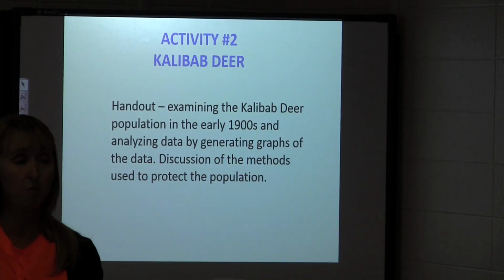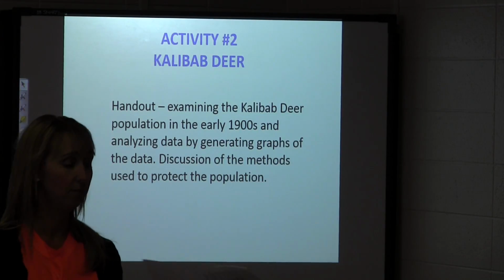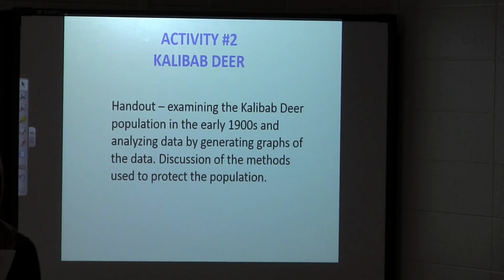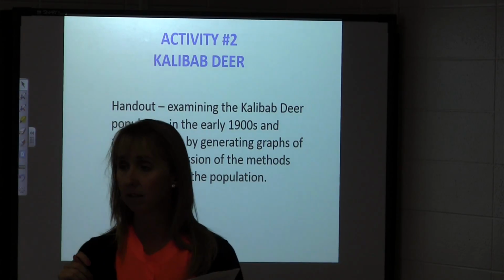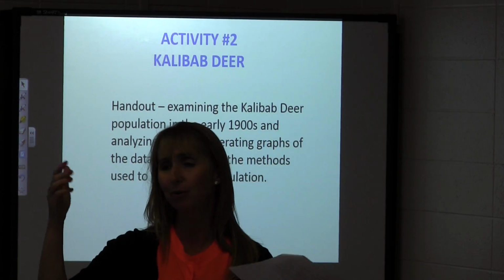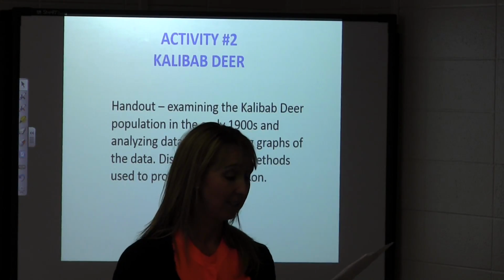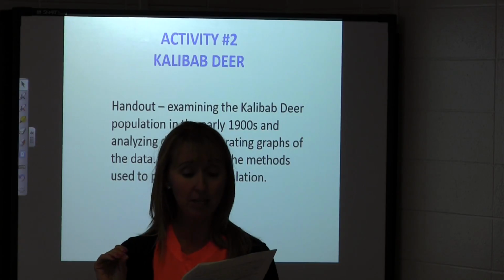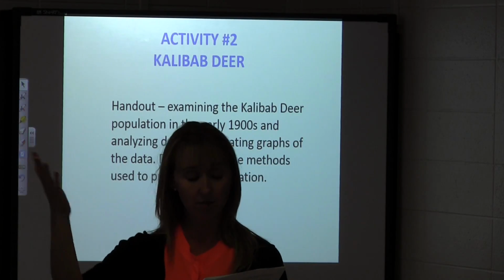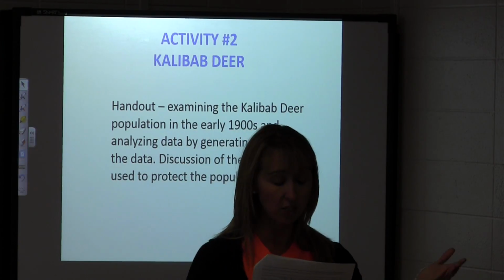Did you see an increase in the population? Yes. Okay. How many predators were eliminated? That's a lot of animals that they eliminated, which then we'll see caused that population explosion.